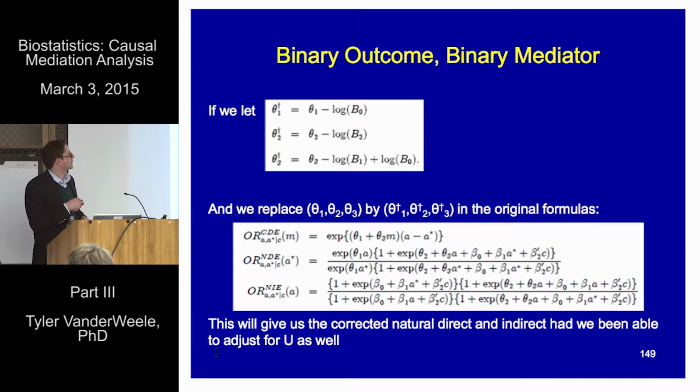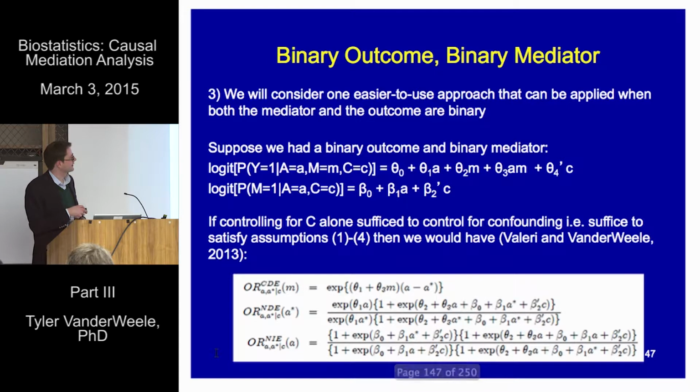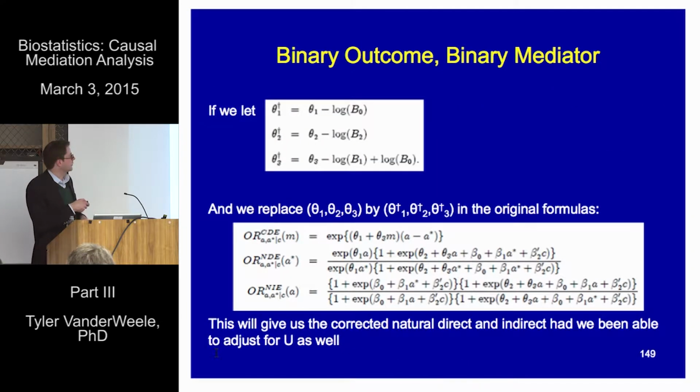and we can get corrected estimates of the theta coefficients from our outcome model, the main effect for the exposure, the main effect for the mediator, and the exposure-mediator interaction term. We can get corrected estimates for our theta parameters by just taking our observed estimates and subtracting off different combinations of the bias factors we had calculated.